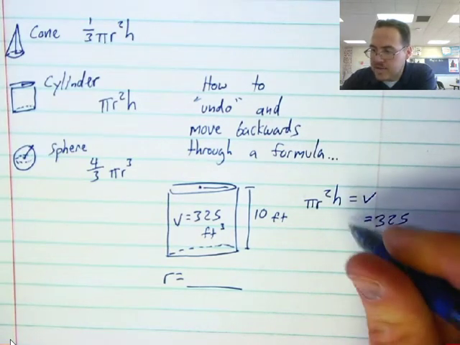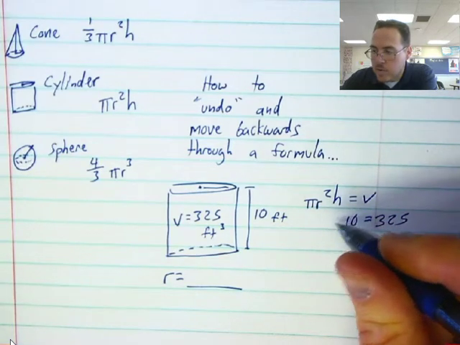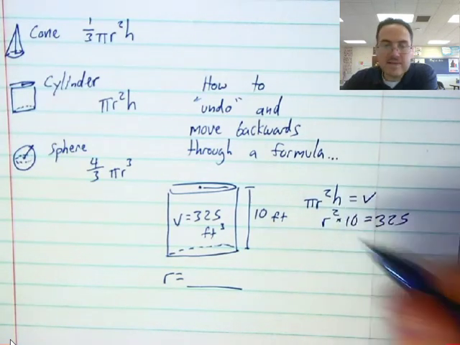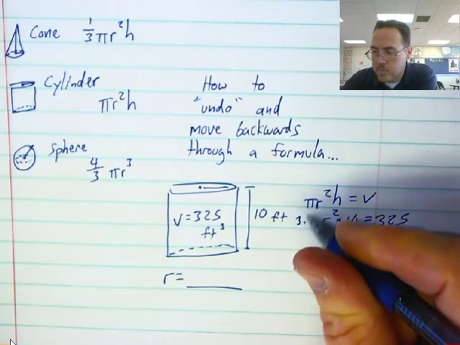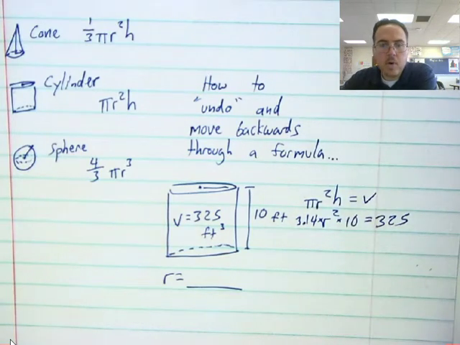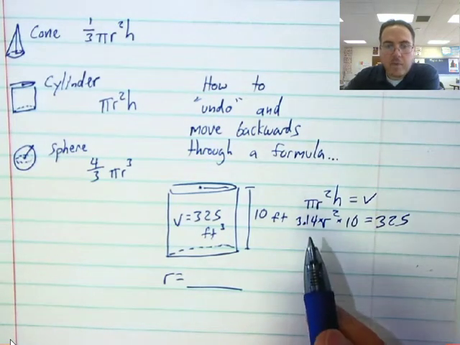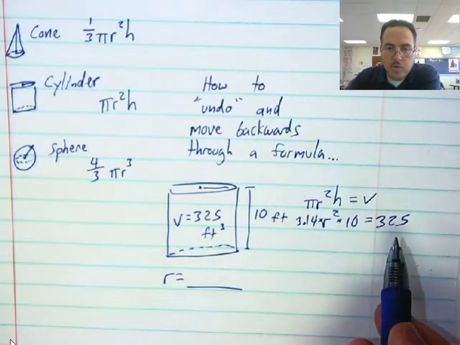We know the height is 10. We don't know what r squared is. We don't know what the radius is at all, but we do know that pi is 3.14. So we have the pi times the radius squared times the height equals the volume.